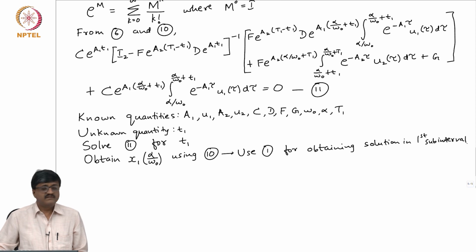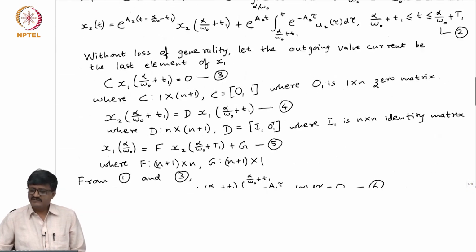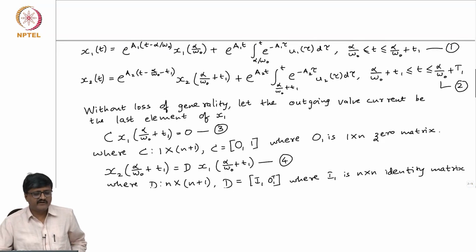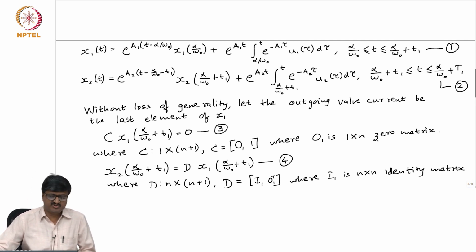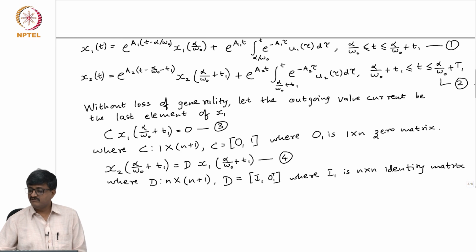If I know x1 at alpha by omega O, can I just use equation 1 and solve for x1 in the first subinterval? Then in the second subinterval, I want x2. So what is unknown on the right hand side? x2 at alpha by omega O plus T1. So how to find that? That is the only unknown quantity on the right hand side of equation 2.